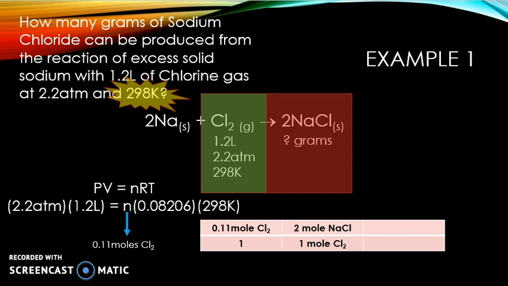Now we've learned to do that way back in the dark ages with normal stoichiometry. So we'll simply go ahead and look up that molar mass and apply it. And you'll see 58.5 grams to 1 mole. Then we can start plugging and chugging and find our final answer of 13 grams of NaCl.